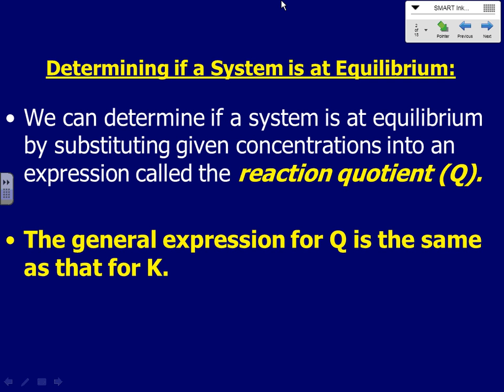And it's actually a very easy method to determine if a system is at equilibrium. We simply calculate the K, and I'm putting K in quotes. We simply calculate the value by putting all of the reactants and products into the equilibrium expression law. We get a number.